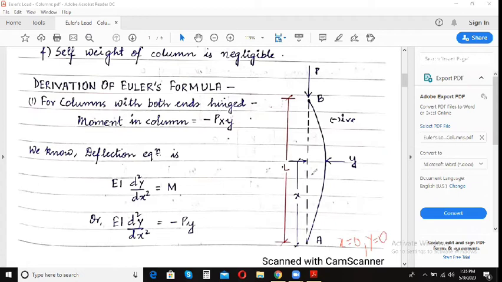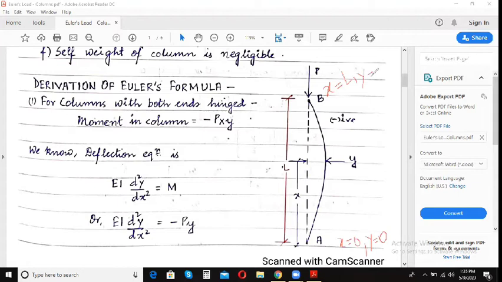And what is my second boundary condition? We can take the second boundary condition at point B. At point B, what is the value of x? If the value of x is 0 at point A, then if we traverse the length of the column, the value of x becomes equal to L. And what is the value of y?